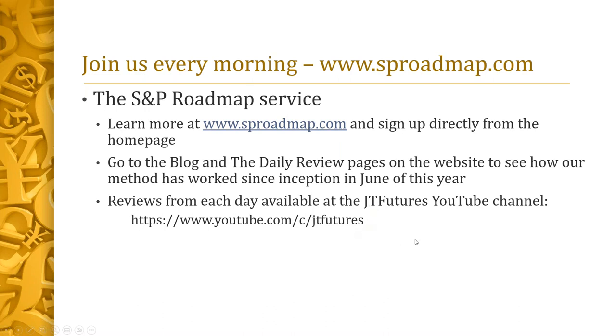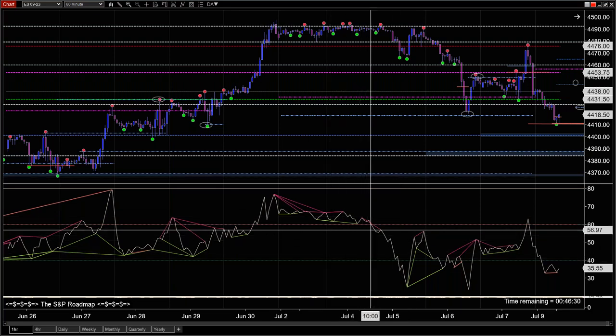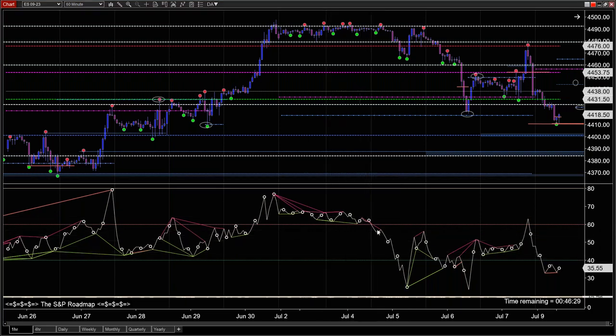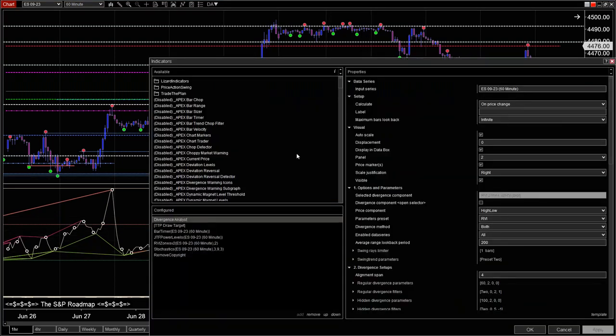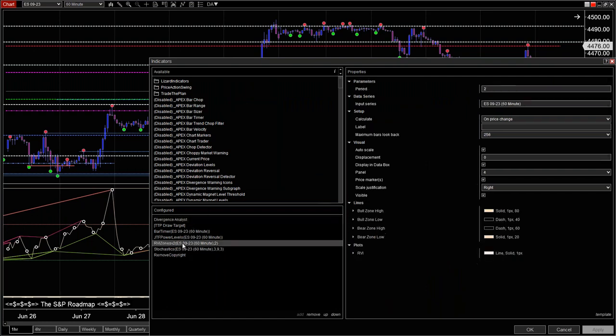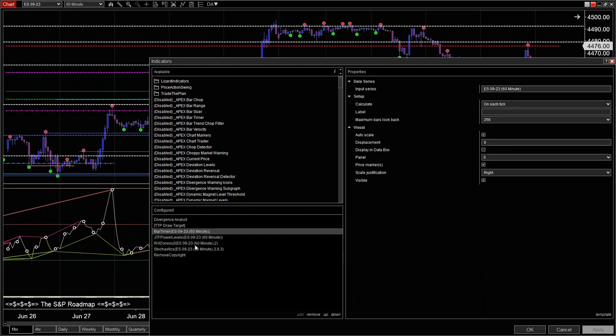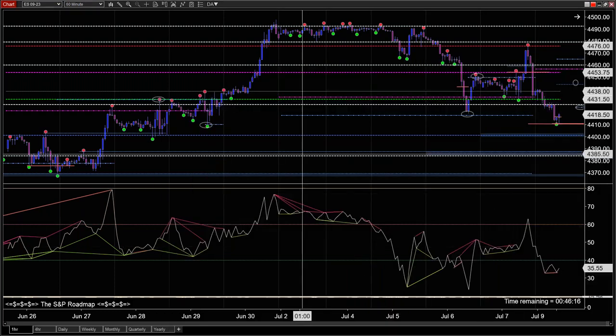Now, RVI is a standard NinjaTrader indicator. Let me see if I can pull it up. Here we go. I don't have it in here, which is why I customized it. There's a standard RVI indicator.